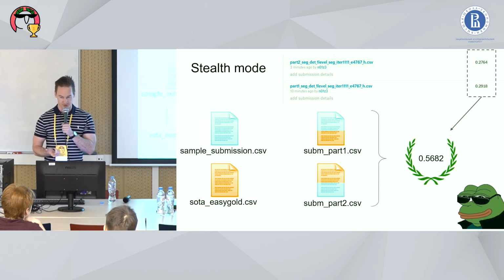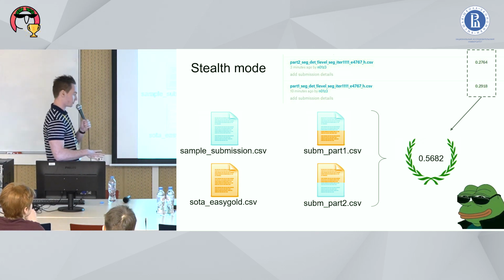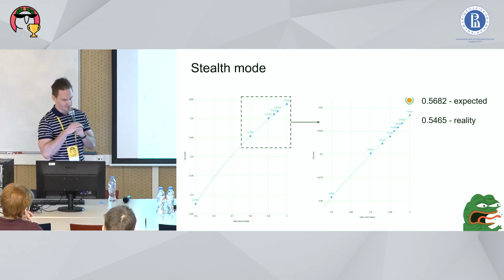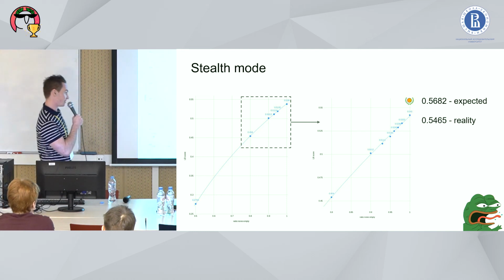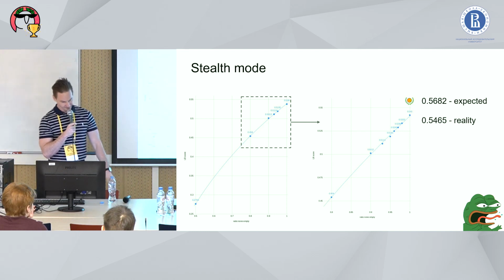During this procedure, I was able to get the scores of the two halves. Then I made a sum of these scores and assumed that I had this really high score on the leaderboard in silent mode. But then I started submitting more and more samples, and I found that this is not a linear slope.